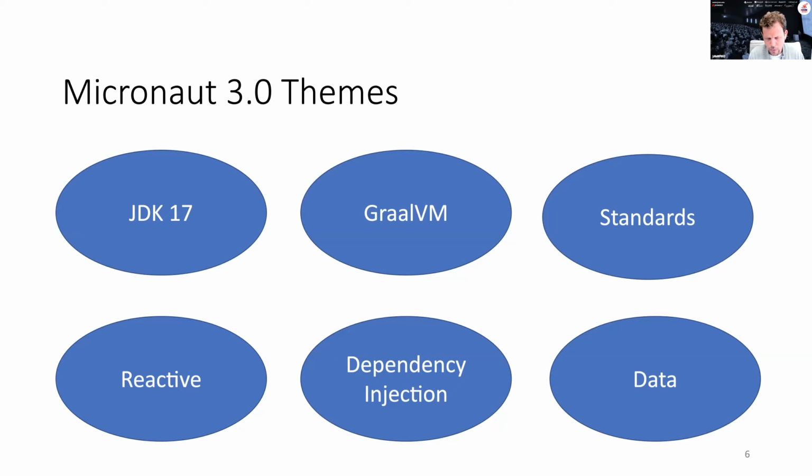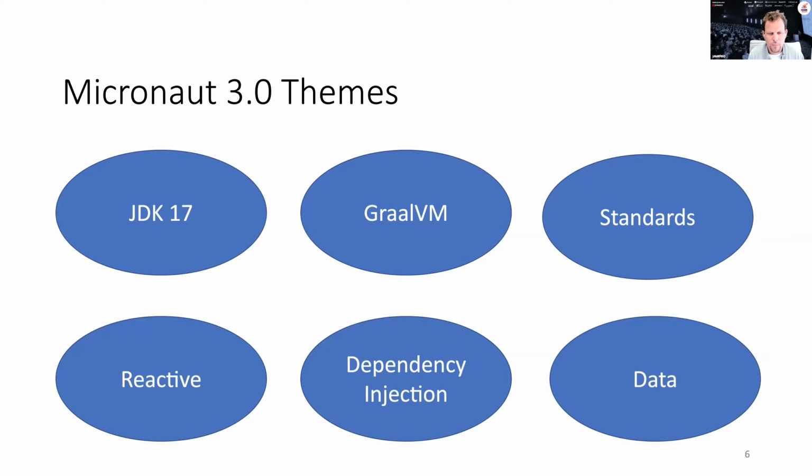We also added broad support for reactive programming with R2DBC. So if you're doing reactive programming, you can combine those two, so you can do reactive programming with immutable types, immutable data classes via records with Micronaut Data.